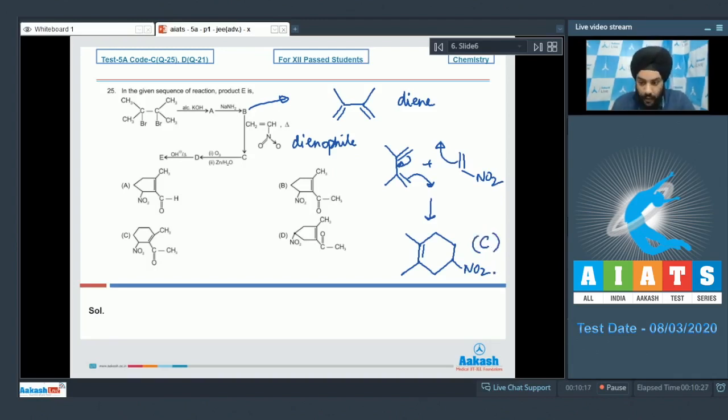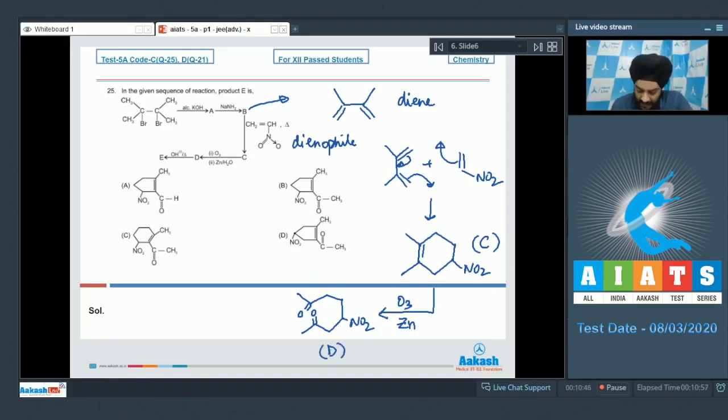Now this compound C is allowed to undergo reductive ozonolysis. So upon reductive ozonolysis, this is going to produce carbonyl compounds over here. So we're going to obtain this compound as the product D.